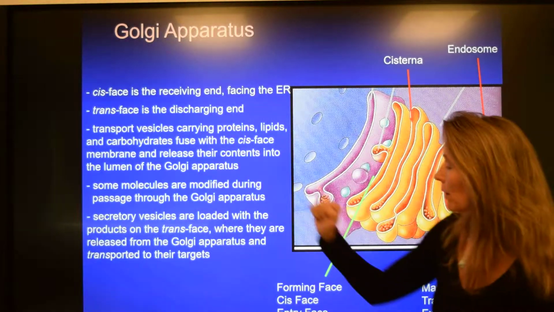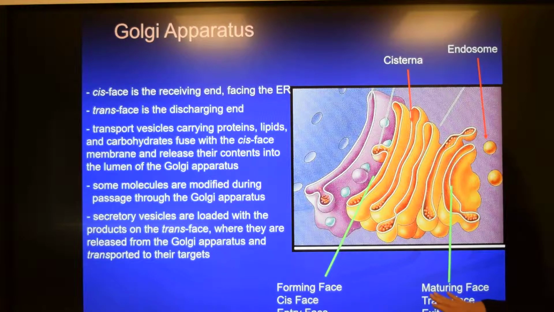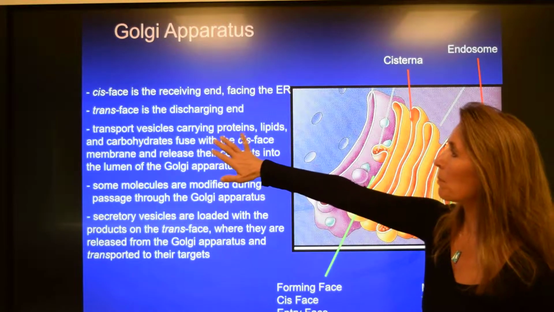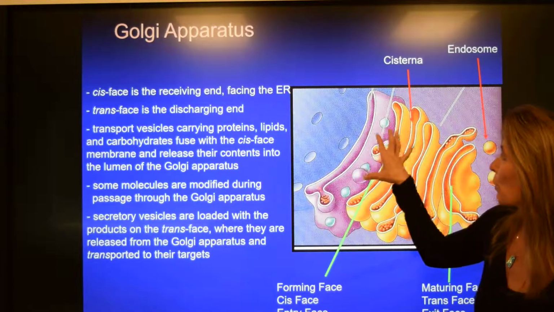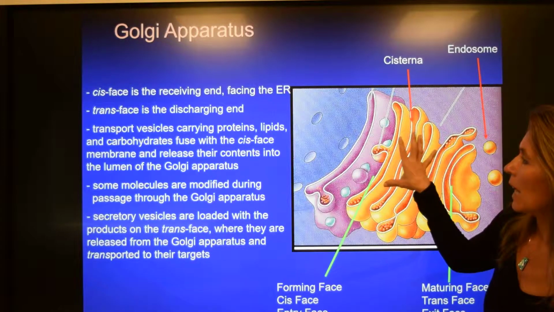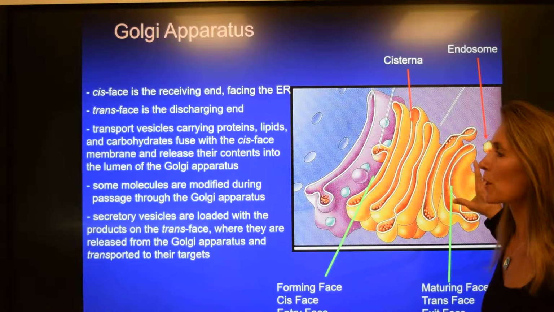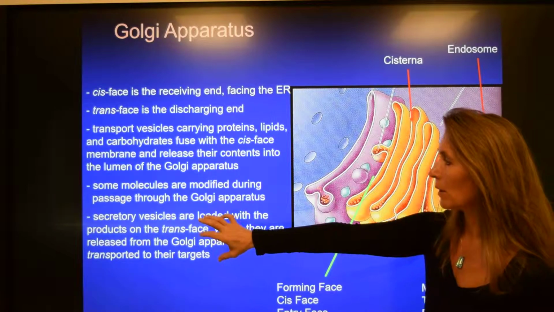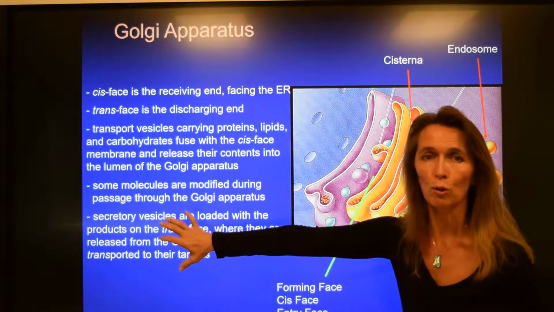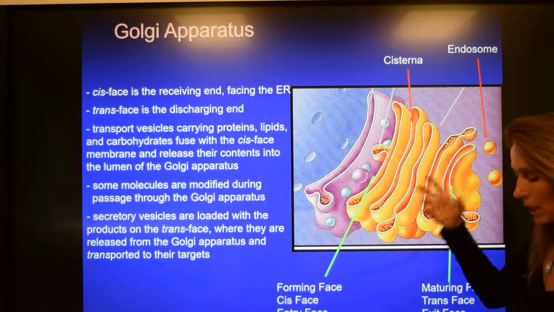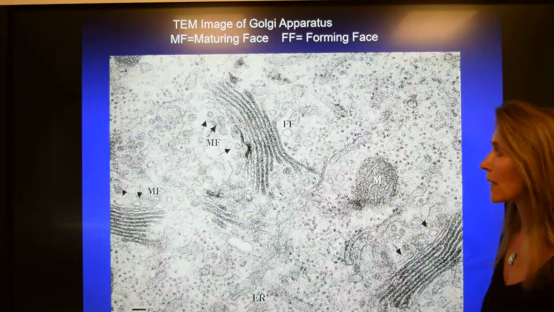And then we have the discharging side, which is also called the maturing phase, the trans phase, or the exit phase. The transport vesicles carry proteins, lipids, carbohydrates, fuse with this receiving side, and the molecules are being modified throughout their journey through the Golgi apparatus, and then they are loaded into vesicles that are secreted from this maturing side of the Golgi apparatus and are now being transported to their target sites.